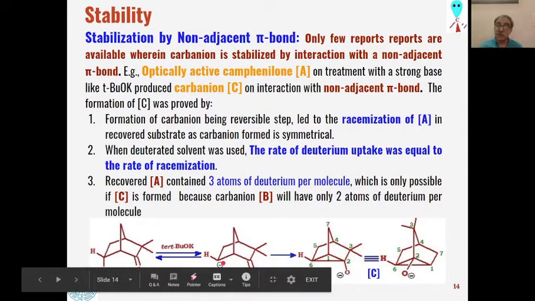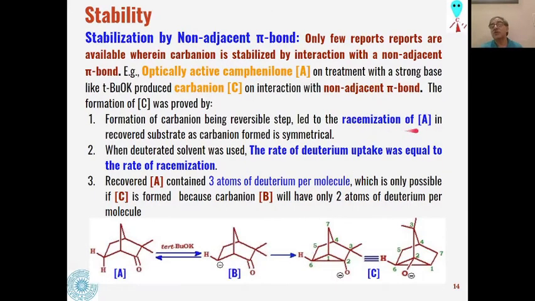Either from the above side or from the below side, H positive can attach and racemization can take place. So because of the reversible nature, we can get a racemic mixture of the reactant, and the racemic mixture of A was actually recovered after the experiment.